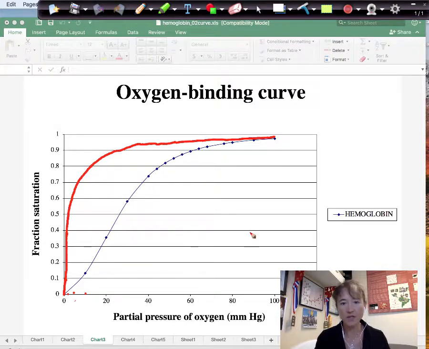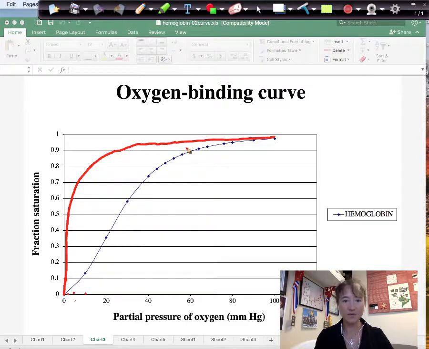So now if we start to think about what's occurring at my lungs when I breathe in, we know that the hemoglobin will become highly saturated with oxygen at the level of the lungs. Now, even if we're in Laramie, right? Even when we're planning to be up on the top of Medicine Bow this weekend.